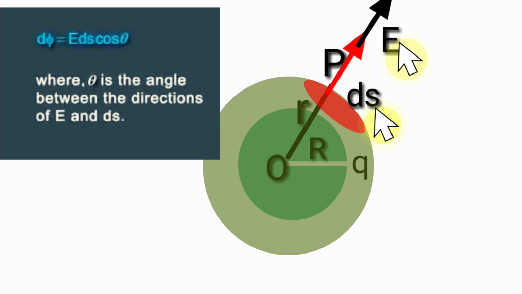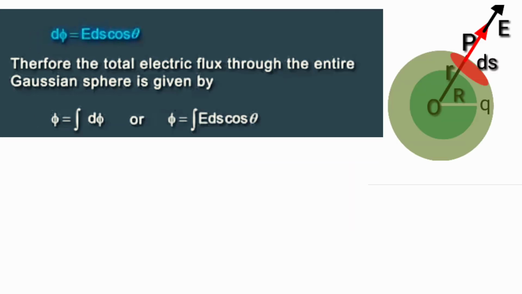The entire Gaussian sphere is made up of a number of small elements, each of area dS. So the total electric flux through the entire Gaussian surface is Φ equals integral of dΦ, or Φ equals integral of E dS cos theta.